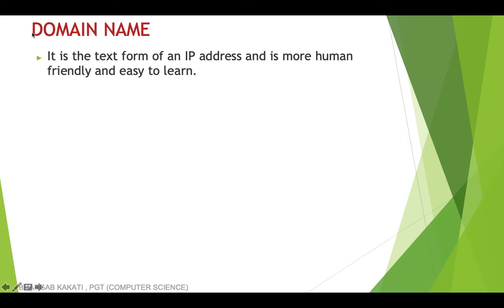But behind that, we have another numerical address of Google. That numerical address is known as the IP address. But IP addresses are difficult to remember. Therefore, a text form of the IP address was developed. And that text form of the IP address is known as the domain name.